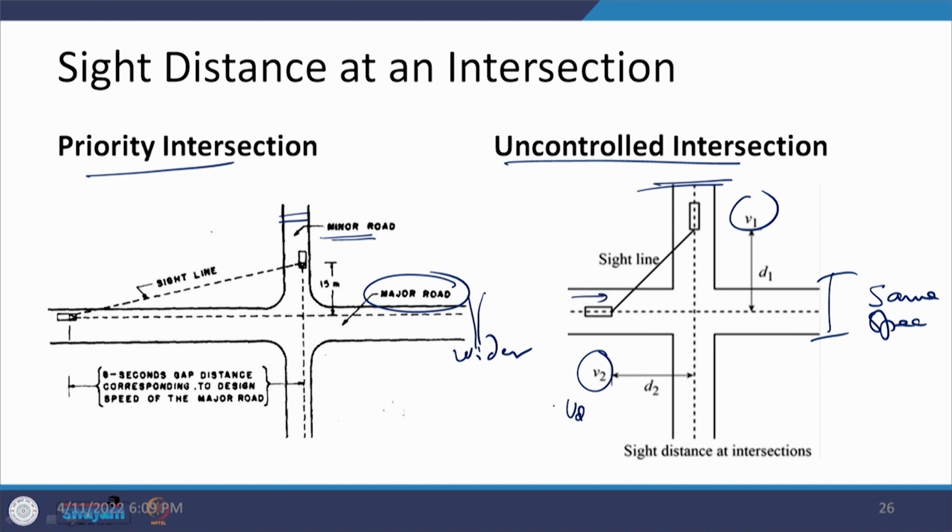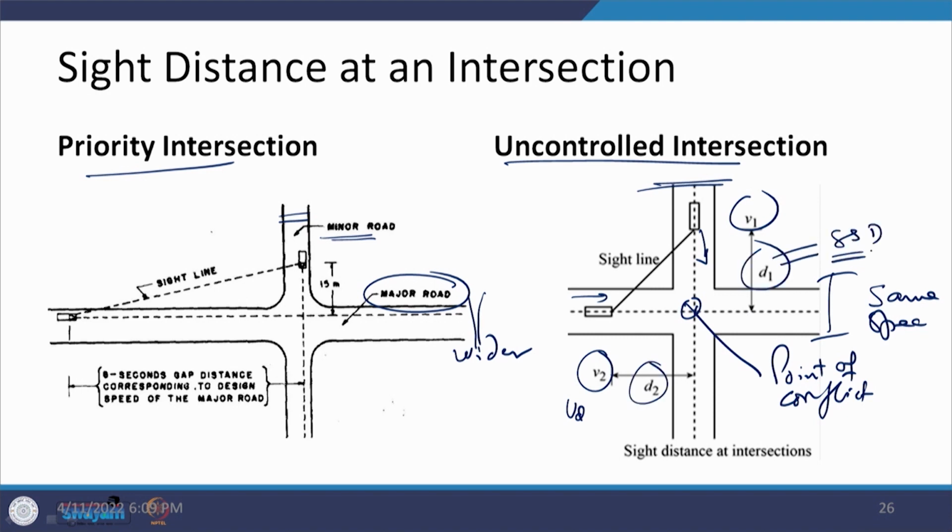So, this vehicle is moving like this, this is moving like this, and this is the point of conflict. The distances of the vehicles, D1 and D2, should be equal to minimum SSD. That is what we are trying to ensure on these uncontrolled intersections.